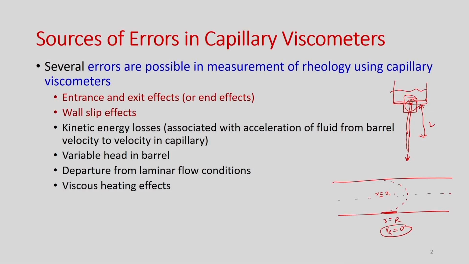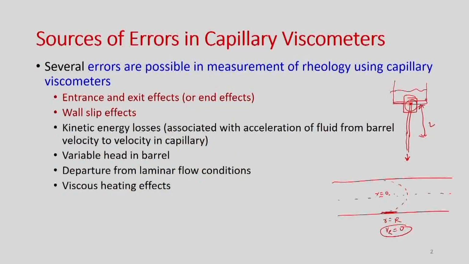Next, sometimes kinetic energy losses are associated with the acceleration of fluid from barrel velocity to the velocity in the capillary. If the velocity flowing through the pipe is large enough, in general there would be kinetic energy losses. Also, the head of the fluid in the barrel may change as the fluid is drawn through the capillary, and this change in the variable head would also cause some errors.